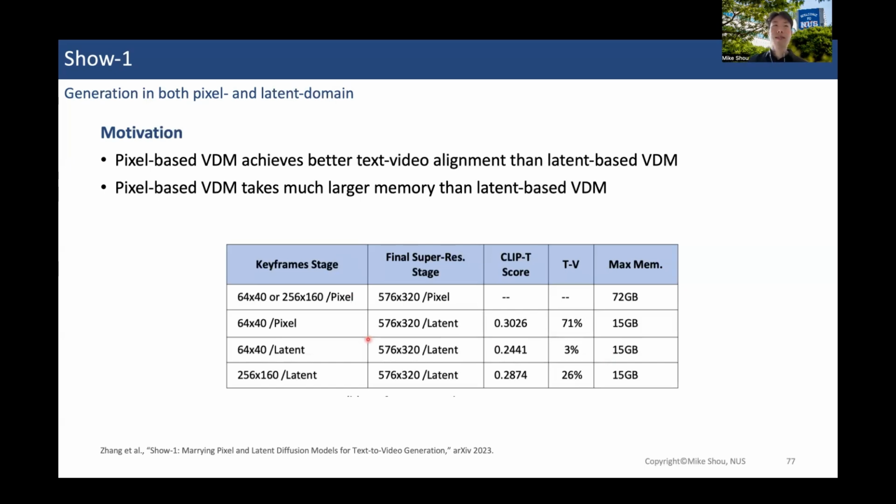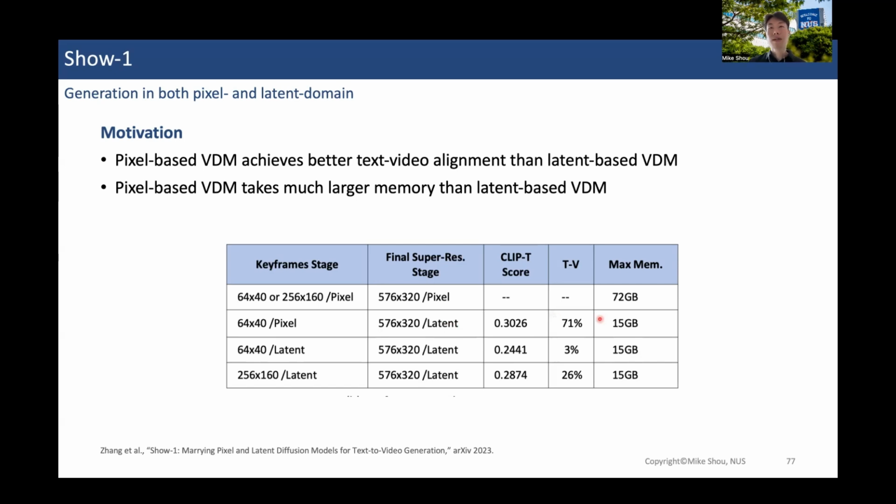So something sweet is that in the small size, low resolution keyframe generation part, we still use pixel, but in the later stage, when we work with larger resolution, in the super resolution part, we use latent, because we care about the efficiency when the scene really becomes larger.